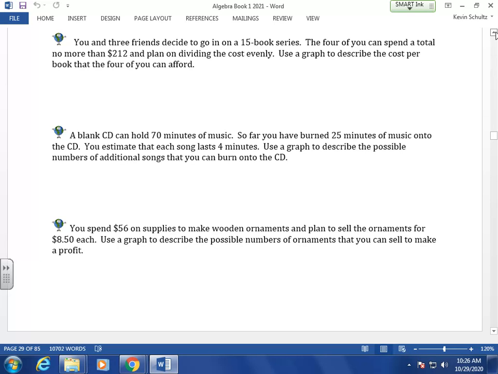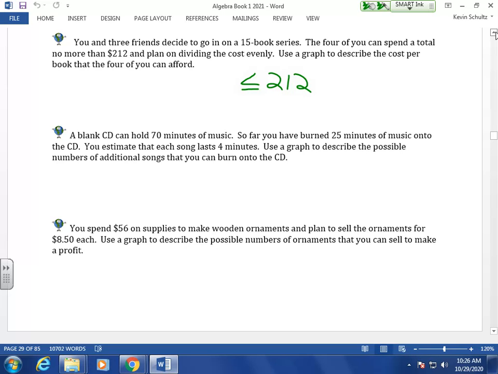So you're going to do the total cost, divide it evenly among the 4 of you, and no more than $212. Here's a hint: your solution side should read less than or equal to 212. Then your goal is to create a graph to describe the cost per book that the 4 of you can afford. It might be borderline multi-step.